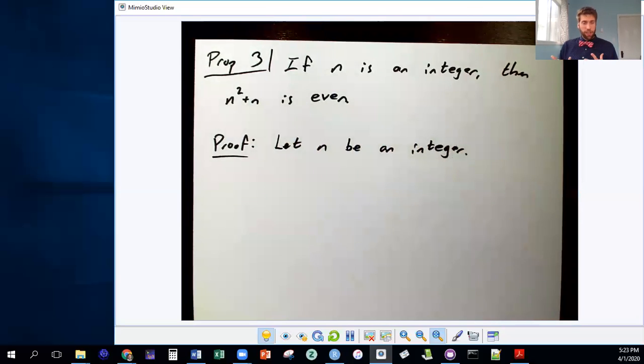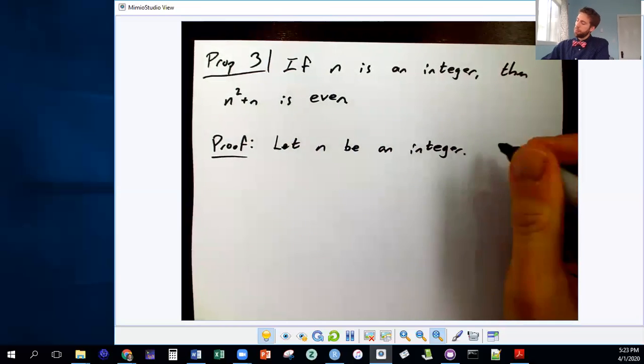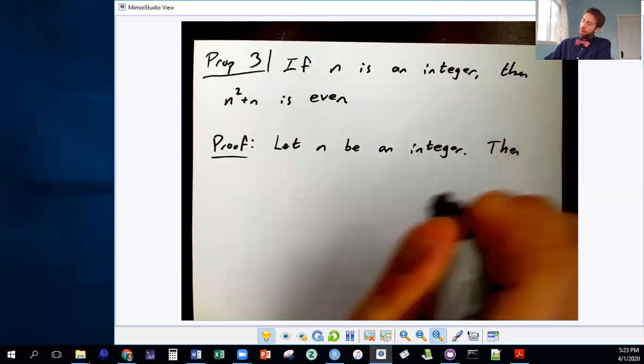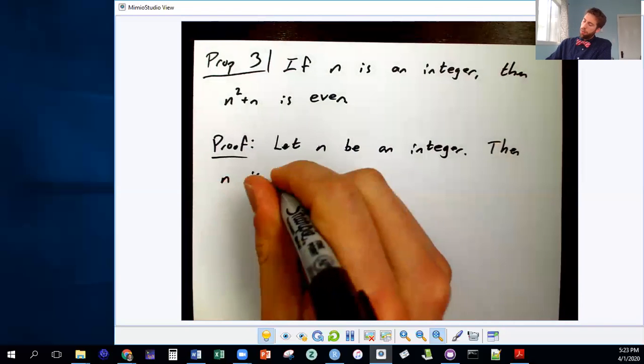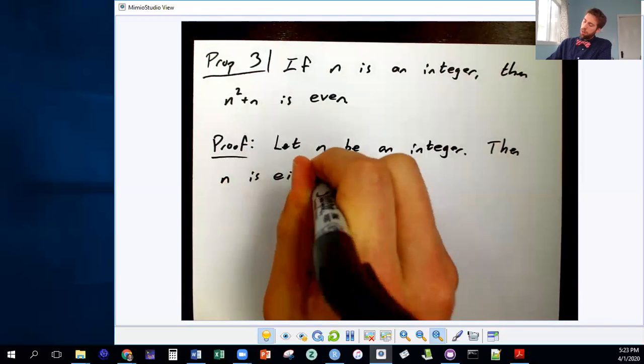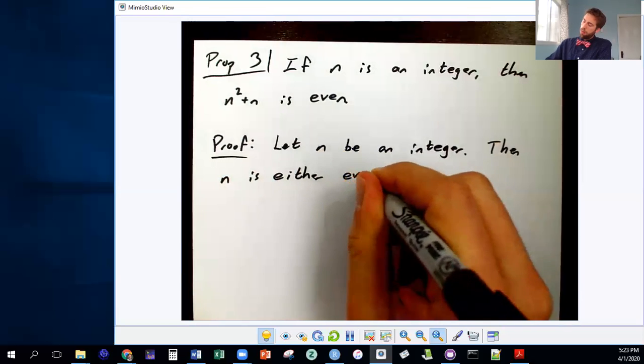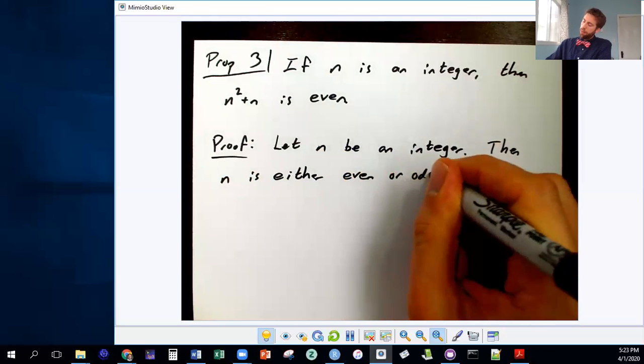Now, if it's an integer, it is either even or odd. Then n is either even or odd, right?